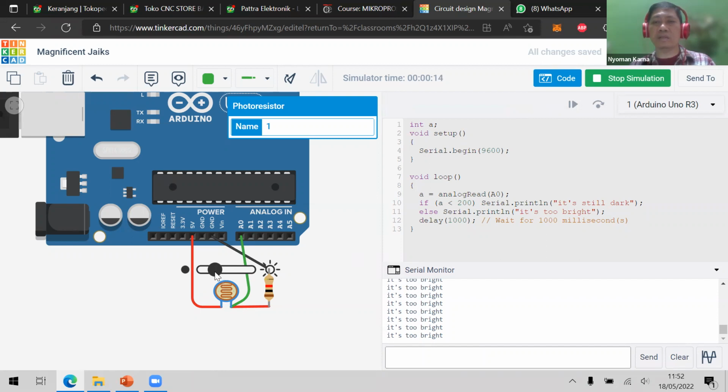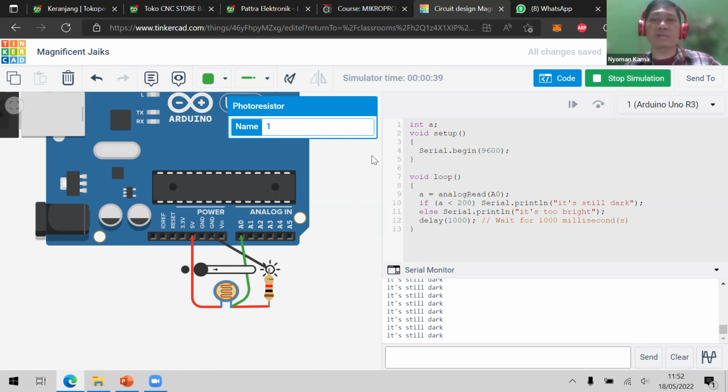Still too bright. It's still dark. But that's how we use the photoresistor, either by printing out the value of A or by printing out more sensible, human-readable words, like for example, too bright or still dark, etc.